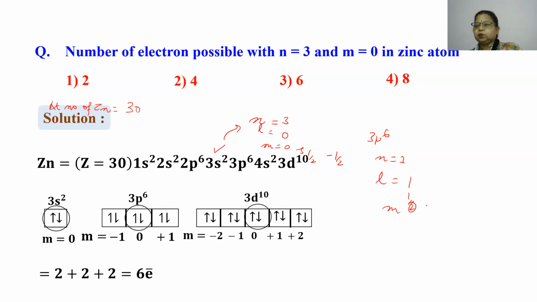I was just trying to do a shortcut. m is equal to 0, minus 1, plus 1. m equal to 0 will have plus half and minus half. And similarly, for 3d10, there will be 1 orbital having m equal to 0. Again, 2 electrons, making it 6. Anyone who got 6 as the answer?